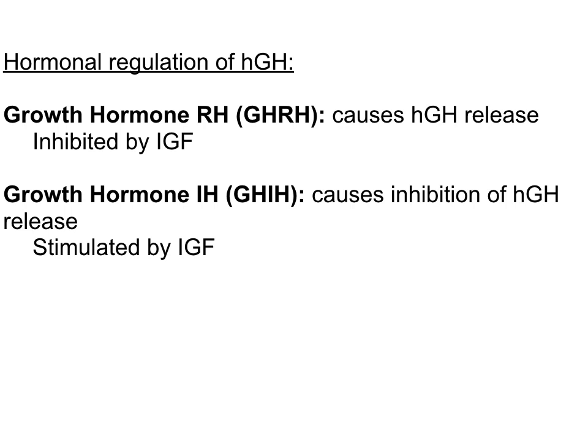So if you think about hormonal regulation of human growth hormone, your hypothalamus is going to produce two regulatory hormones that can adjust its production. Growth hormone releasing hormone, abbreviated GHRH, will travel from your hypothalamus. It targets your somatotropic cells, and it's going to cause those cells to start to produce and release human growth hormone.